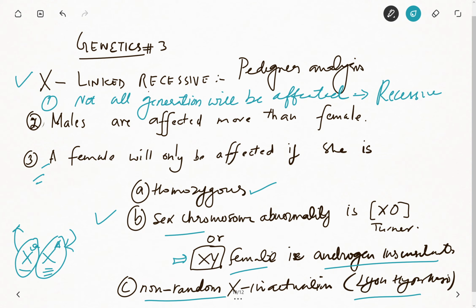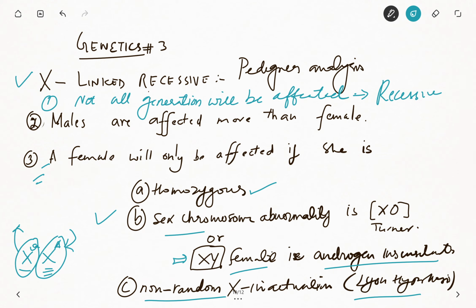So it can be seen in these three conditions that a female in an X-linked recessive condition will be affected. Okay, if you see a female carrier, 50% of her sons will be affected and 50% of her daughters will be carriers.